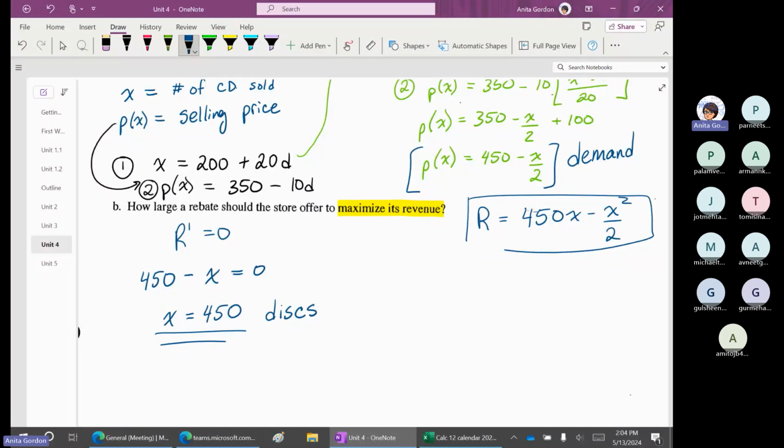Sure, let's check. Let's check if this is appropriate. So check R prime of 400 and compare R prime of 500.